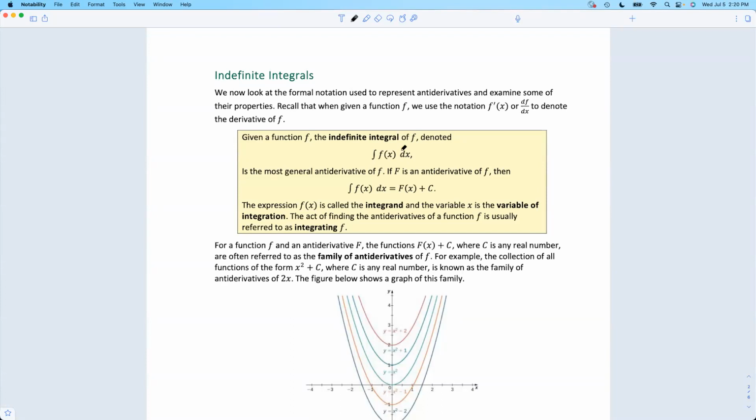But you've got to keep this in mind: if I were to write this group of symbols right here, this is 100% meaningless. This is mathematical nonsense. What's the antiderivative of x squared with respect to what? You will never write an integral symbol without also having some kind of differential here, d something. In this case, since my independent variable is x, I would have to have a dx here.